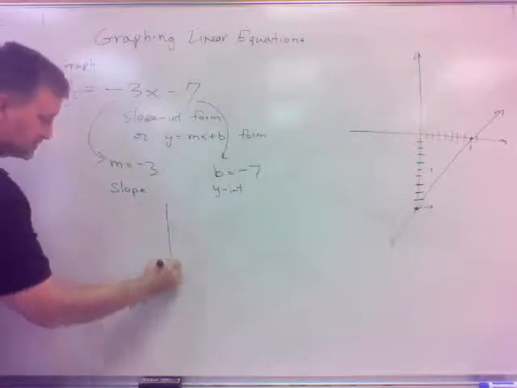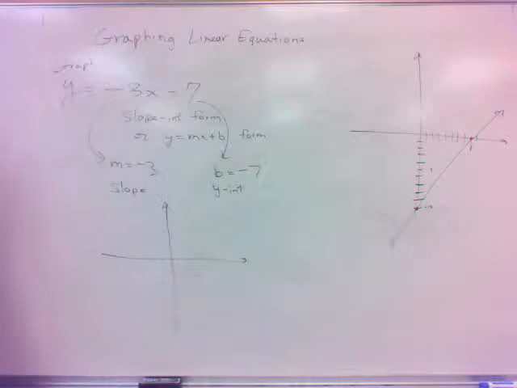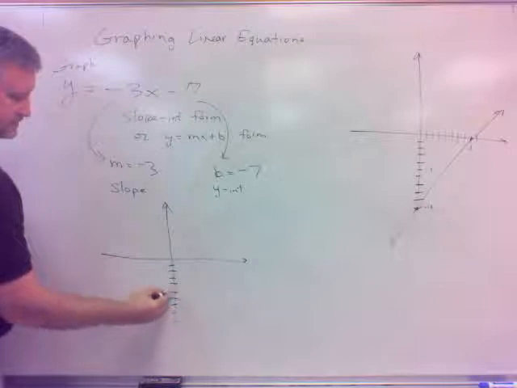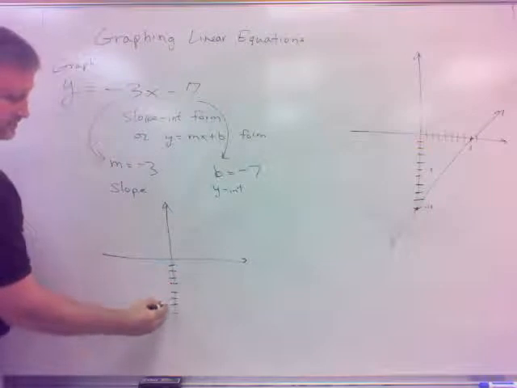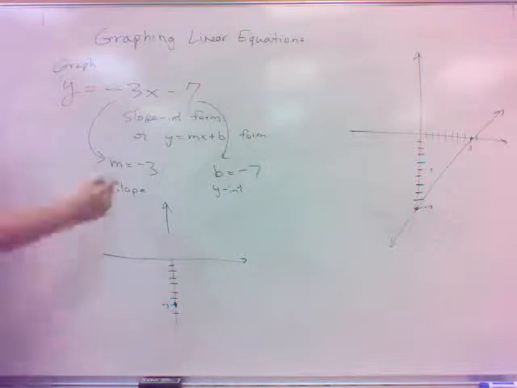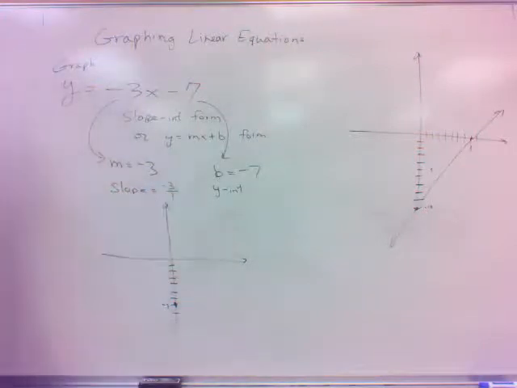And so this here is enough to go graph that, isn't it? So to go to the y-intercept, -7, it's right there. So there's the y-intercept. And the slope being -3, we could say that's over 1, couldn't we? So we have rise over run.